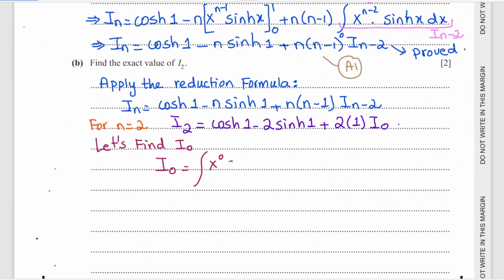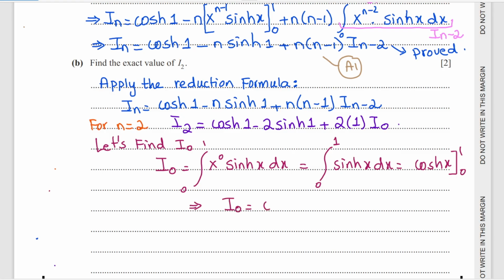So I_0 equals the integral of x^0 sinh x between 0 and 1. So this is sinh x dx, and the answer is cosh x between 0 and 1. So I_0 is cosh 1 minus 1.